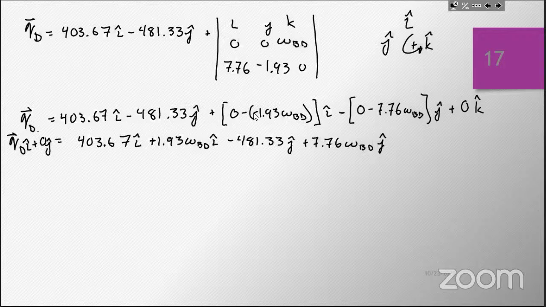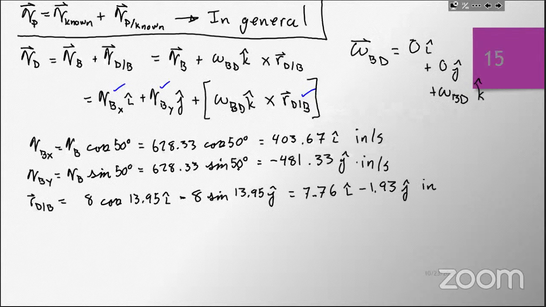I'm going to tell you that it's VD in the I plus 0 in the J. Why is it VD in the I plus 0 in the J? Because remember what point D is.